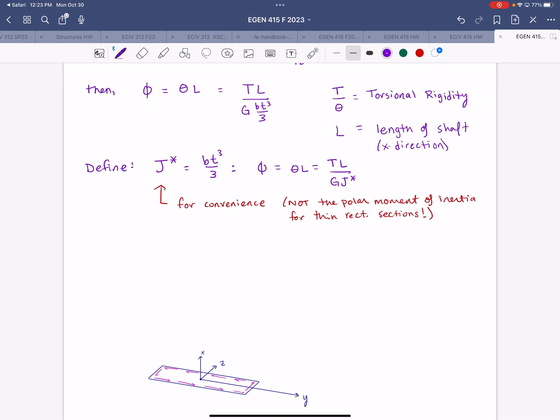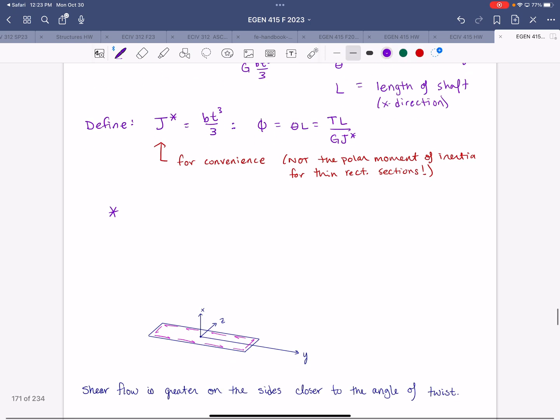All right, so below I have a little sketch of the shear stress flow of that cross section. We would find that the maximum shear stress will occur along the long edge, where the z variable is plus or minus t over 2.